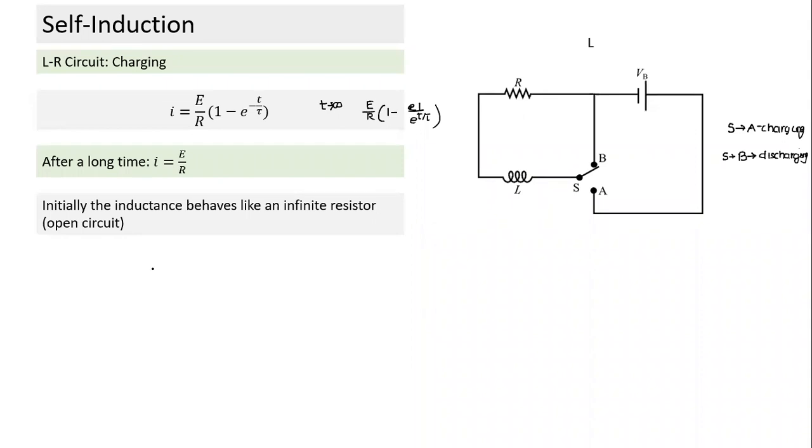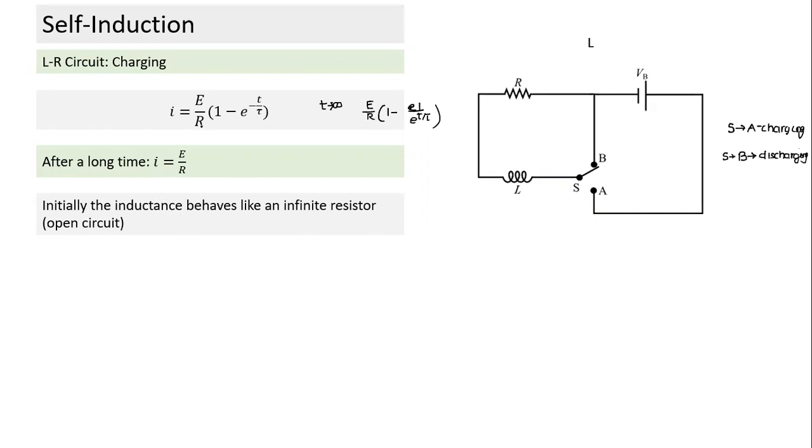In case of charging, what is the initial current at time t equal to 0? Initial current is 0. It is exactly reverse of what happens in case of current in LC circuit. There, after a long time, current becomes 0, and initially the current is E by R. So it is reverse here. Initially the inductor behaves like an infinite resistor, open circuit.